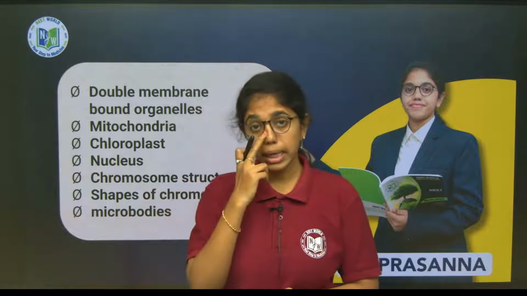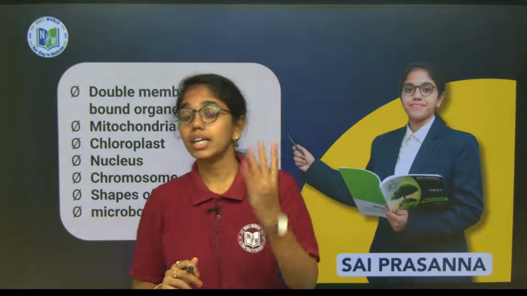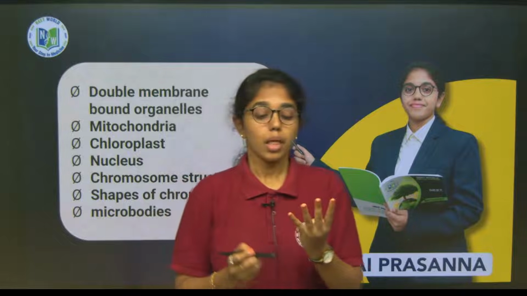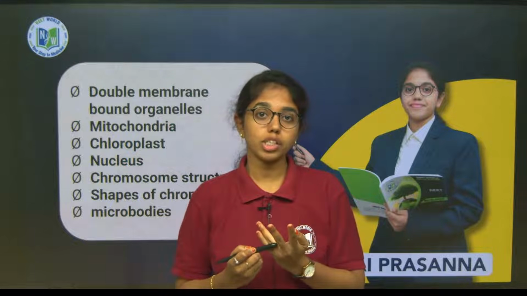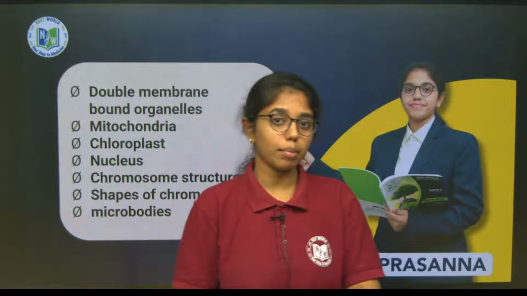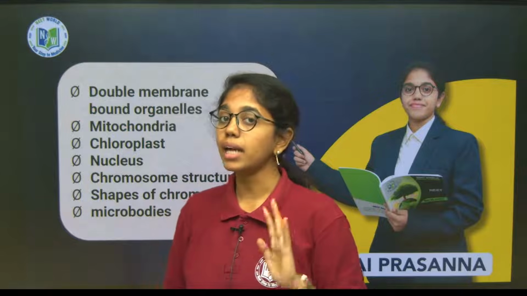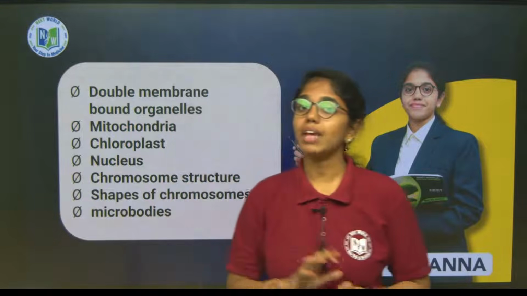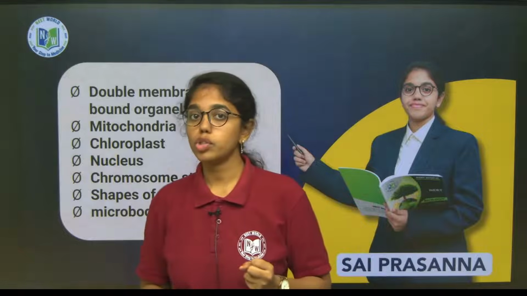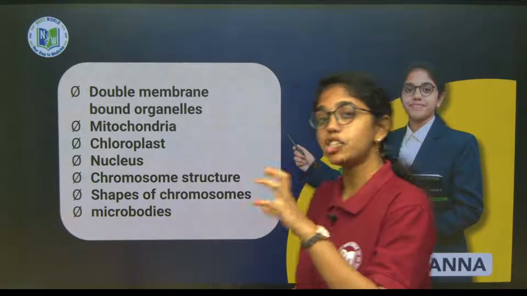Then we looked into the endomembrane system, where we analyzed the structure and functions of 4 organelles: endoplasmic reticulum, Golgi bodies, lysosomes and vacuoles. Post that, we looked into the double membrane bound organelles, mitochondria, plastids and nucleus, and then we completed the shapes of the chromosomes, structure of the chromosomes, and lastly what? Microbodies. So, with this the cell structure is done.